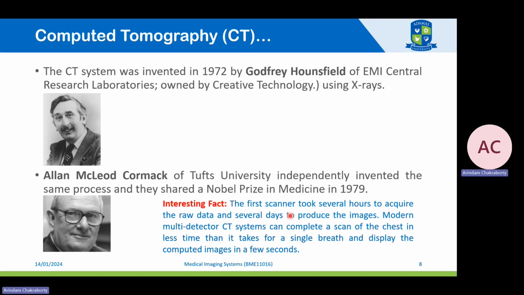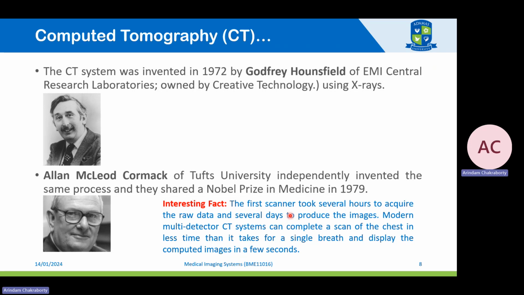So the computed tomography system was invented by the famous physicist Hounsfield in 1972, and Allan Cormack independently, and both of them received the Nobel Prize for computed tomography in 1979.